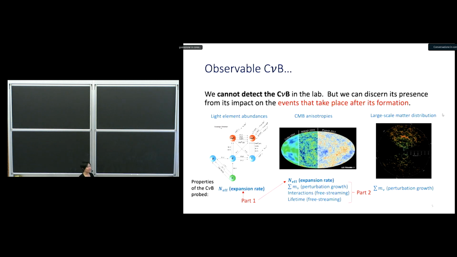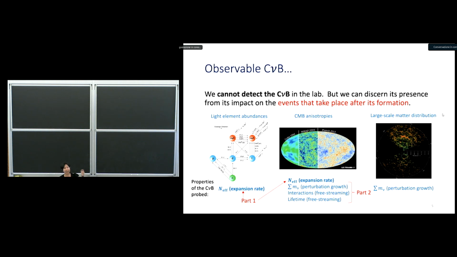However, because the CνB was produced 1 second after the Big Bang, and there were a lot of events that took place throughout the history of the universe after the formation of this background, it's still possible to discern the presence of this CνB from its impact on those events.